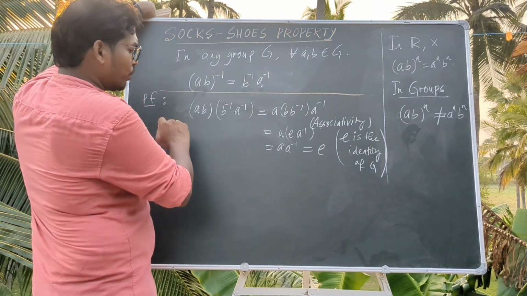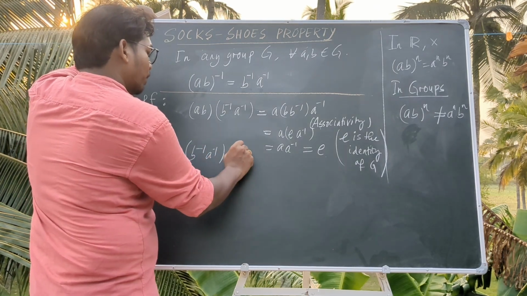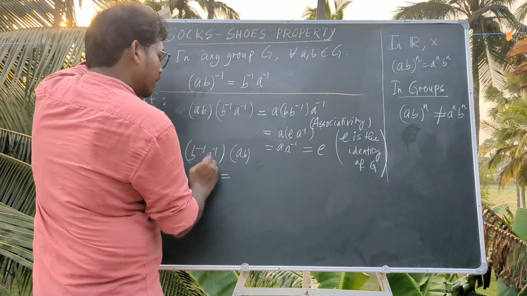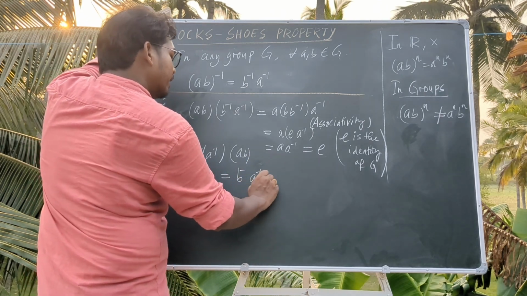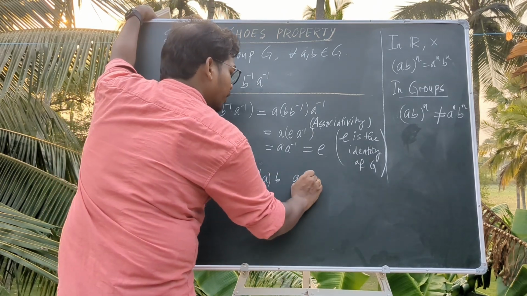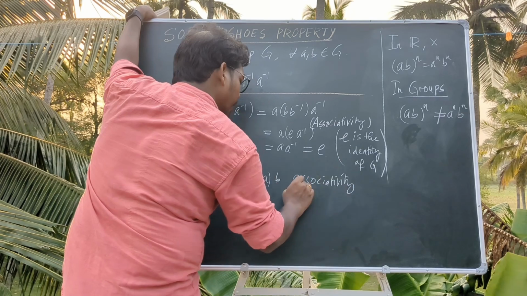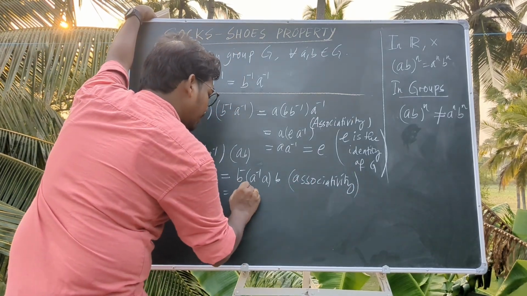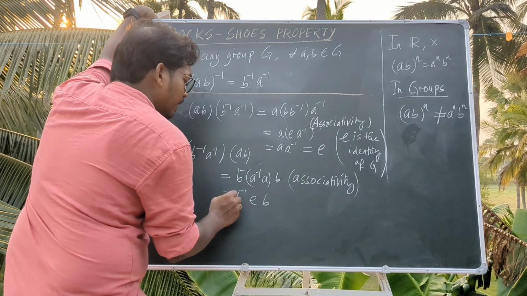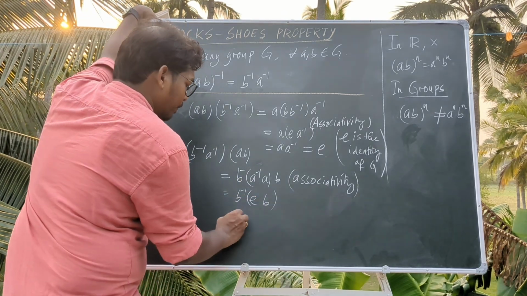And we'll show the other way. b^-1 a^-1 when operated with ab will also give the identity. This is the same as this one by associativity, and this equals b^-1 identity. I have taken e as the identity, and I can operate e with anyone by associativity.